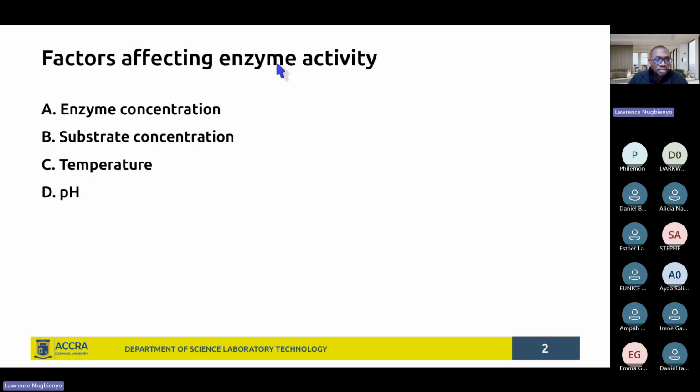That is enzyme concentration, substrate concentration, temperature, and pH level of the environment in which the enzyme is acting. So we'll take each of these factors and look at how they influence enzyme activity.